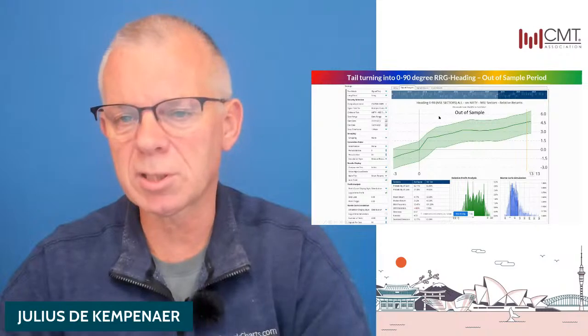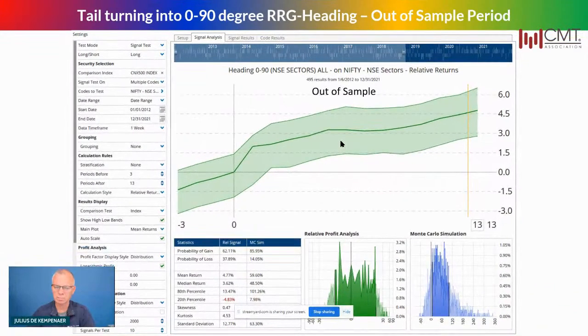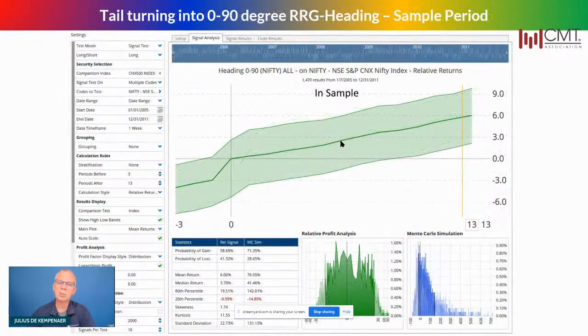If we do the same test out of sample, which starts in January 2012 and runs until the end of 2021, we can see that that rule set actually holds up very well and continues to perform. We've also done that for all 50 stocks in the Nifty 50 index. This is again in sample, 2005 to 2011.